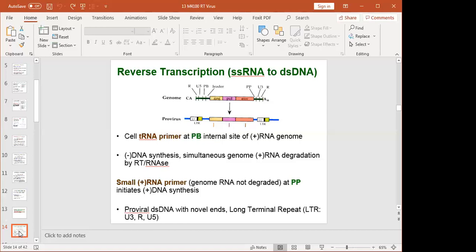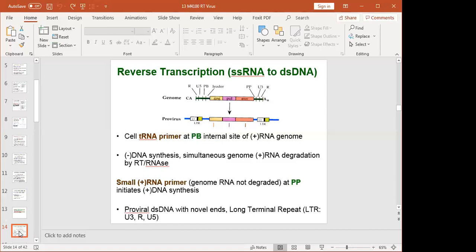The remaining RNA in that 5' end region will get degraded by reverse transcriptase and RNase H. A small piece of genomic RNA, the positive strand RNA, that is not degraded by RT or RNase, that small little piece of positive RNA will serve as a primer, binds to the 3' end at the PP region, and starts synthesizing the positive DNA strand.